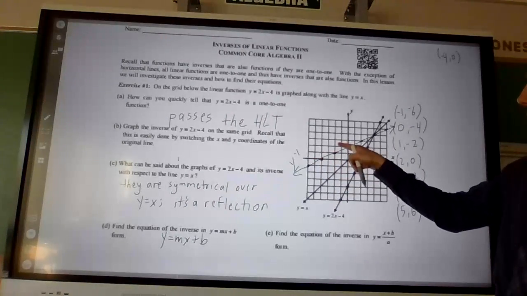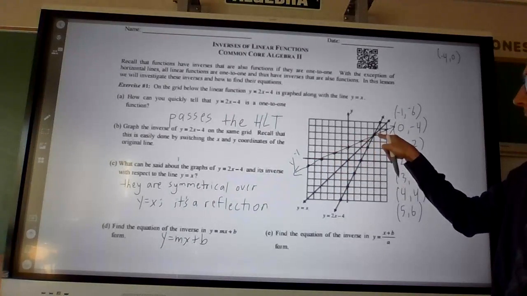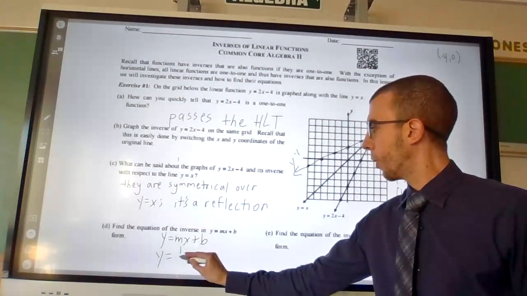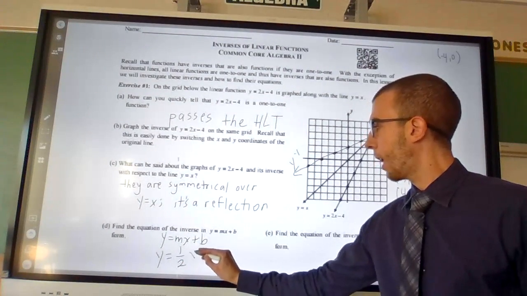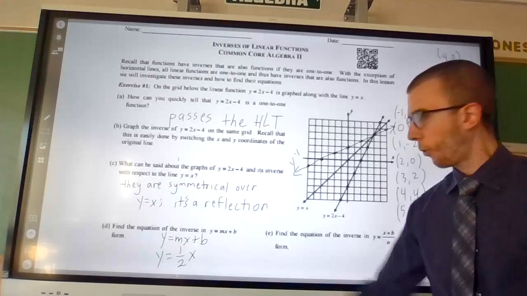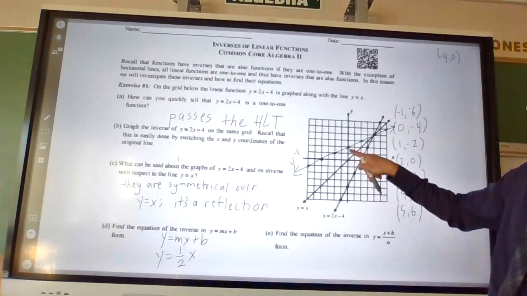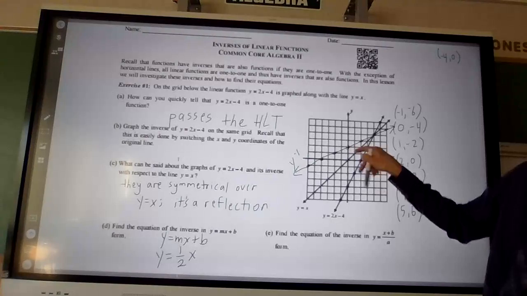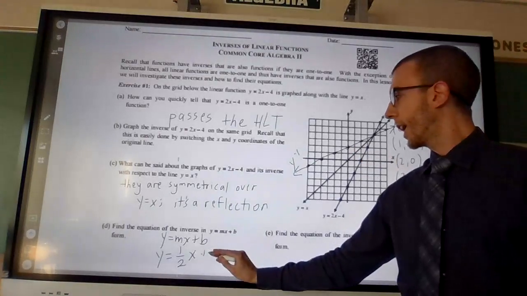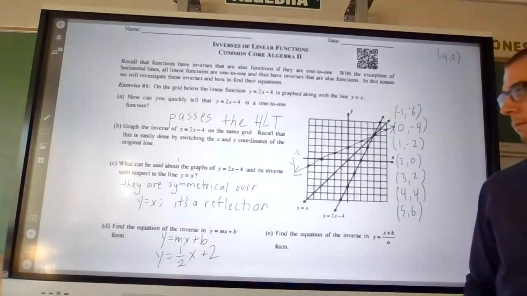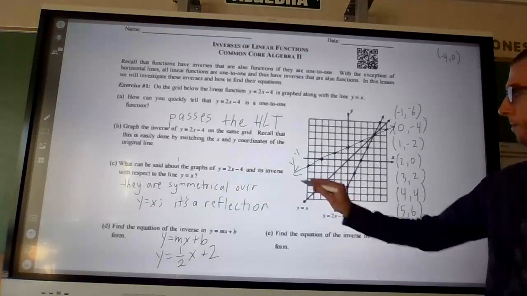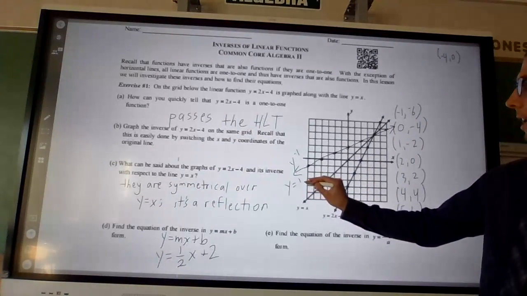I noticed we were going up 1 over 2. So that gives me a slope of 1 over 2, or 1/2. Remember that rise over run. Y equals 1/2 x. And my y-intercept I can see very clearly is at y equals 2. So 1/2 x plus 2 is the equation of this inverse. You can label that there.